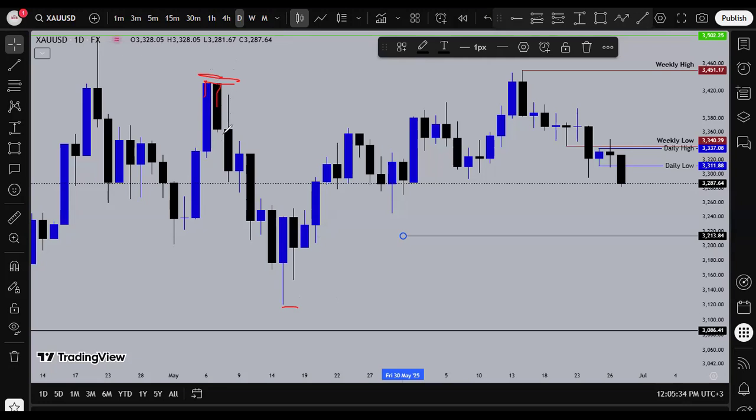You can see the next day, this is the daily time frame, by the way, we saw price closing below that candle. And after this candle breaks with the body, we see the next candle came and closed below that candle.